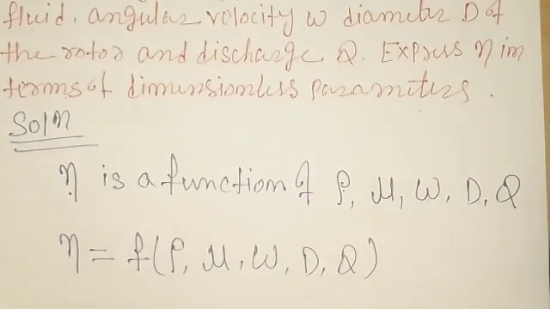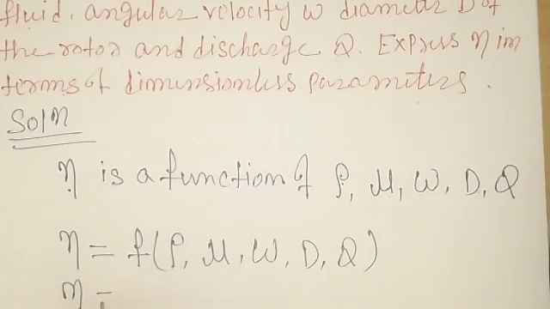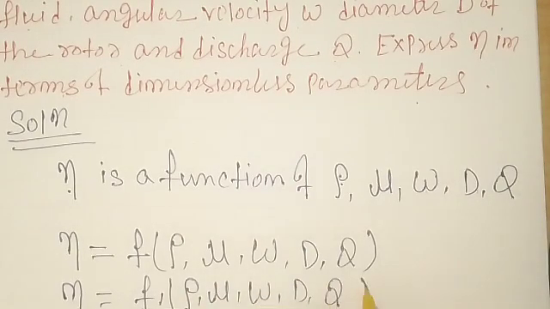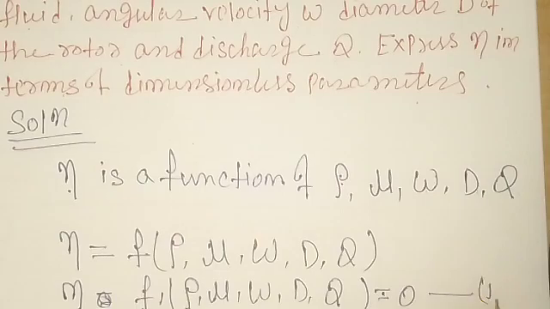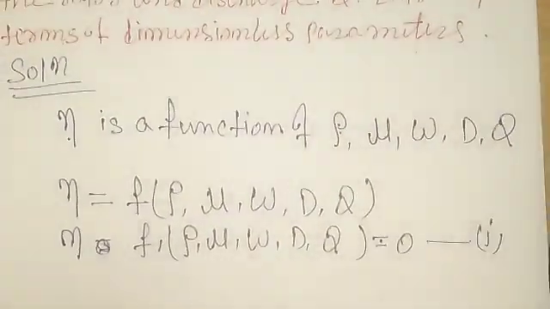Further, you can write this in another format: f1 of eta, rho, mu, omega, D and Q is equal to 0, and this is equation 1.